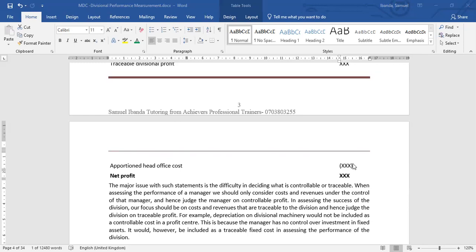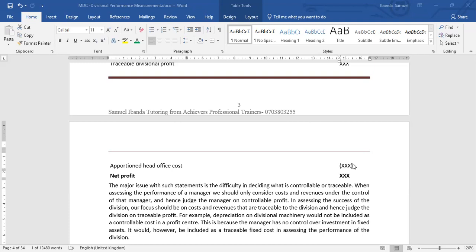Like I gave you an example, it could be the salary of the CEO of the overall company. Since the head office does not make any sale, the different branches are the ones that pay for the salary of this CEO. So they may apportion 10% cost on each of the branches to relate to the salary of the CEO, which is the apportioned head office cost.